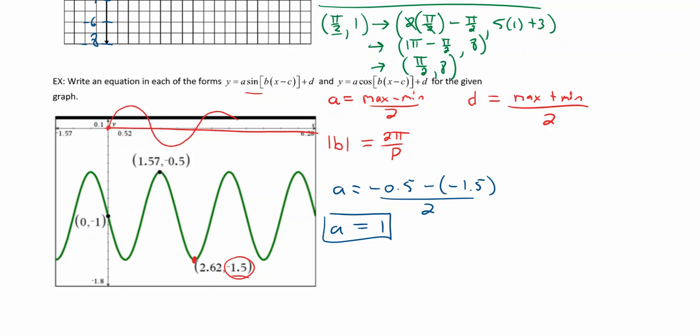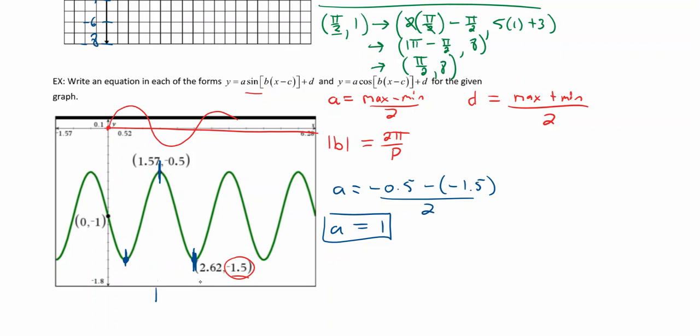I think what'll be easier is, from here to here is half of a wave, right? Because, actually, that's not right. Yeah, that is right, sorry. So from here to here would be half of my wave, because that would be my period from this minimum to this minimum.